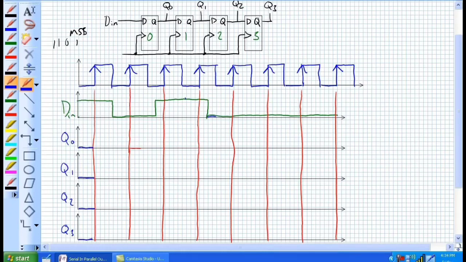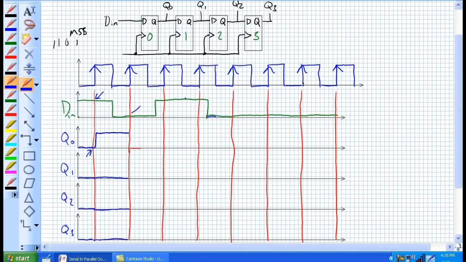Now, okay, clock pulse 1 comes along. Q0 is reading data input right there. So let's account for a little bit of a delay. And it's going like that. Okay, so Q1, it's reading Q0 there. So it stays at 0. Same here. Same here.